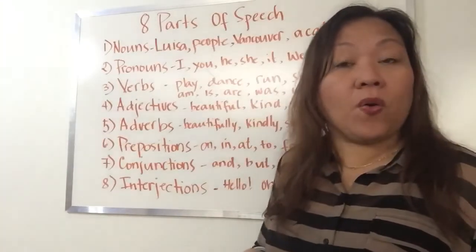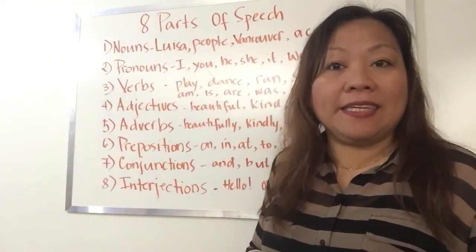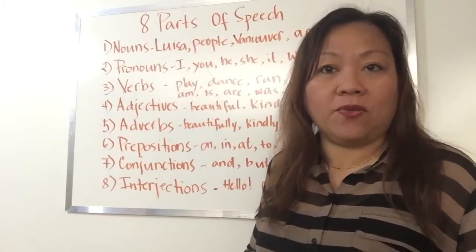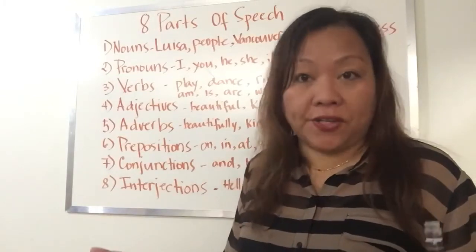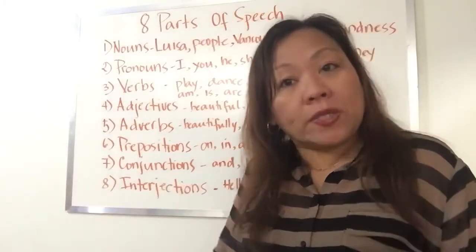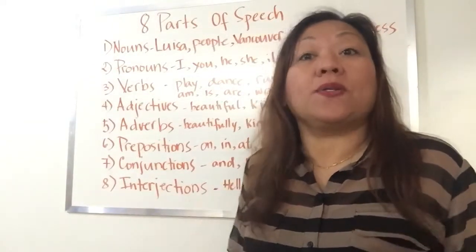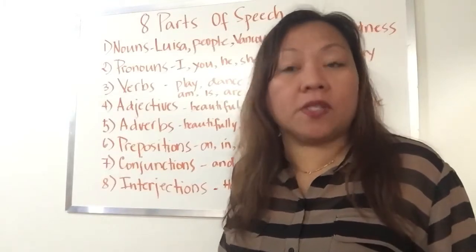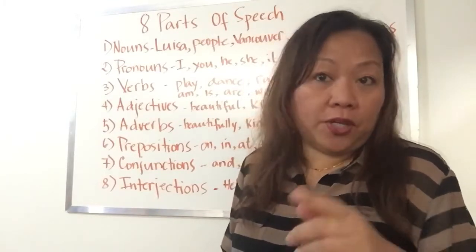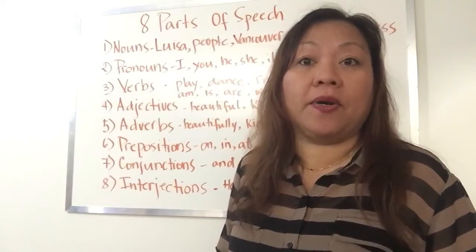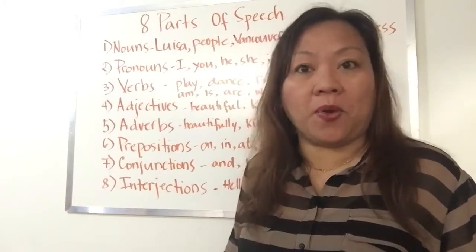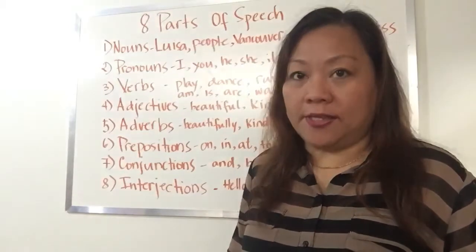These are linking verbs, and these are non-action words. And there are still other examples of verbs. Mostly are action words, but there are also a lot of examples of verbs that are non-action, and we should know how to use them as well. And I see a lot of people who are confused with this.